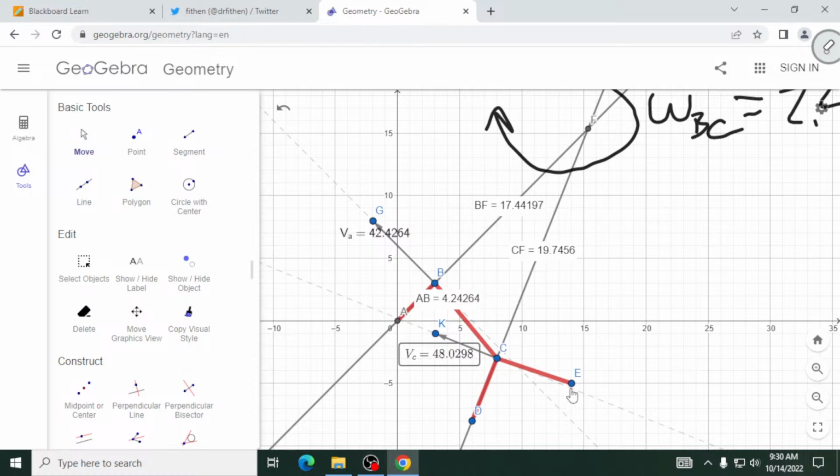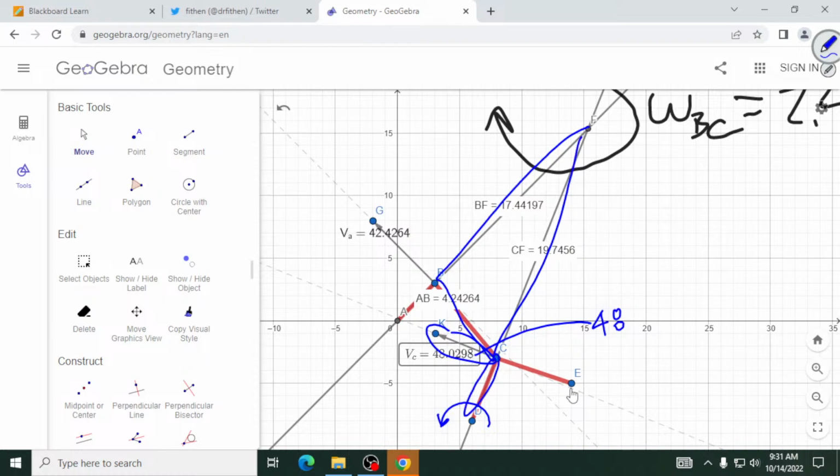Now the question is what is this rotation? So now I'm moving to this linkage, which is a different linkage than this one, which is different than this. But what I've used is these common points to work my way through it. Okay, so now I'm going to go down here to that one and say, well, if that velocity is this direction, that rotation is definitely that direction, and that velocity, the 48, is the same as the velocity if C was on this link as if it's on that link, because it's common to both.